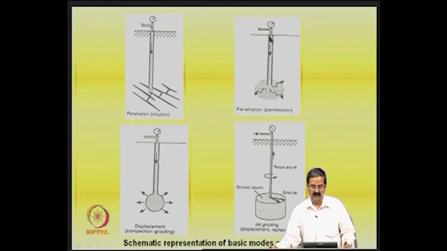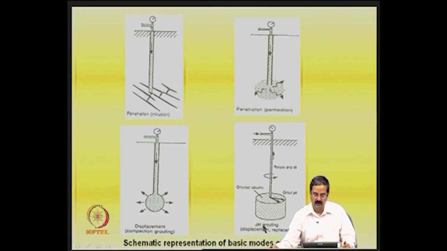Then the second one would be permeation, where it permeates in all directions, the flow, and then stabilizes. Another way would be displacement, as is typical in compaction grouting, which densifies the soil that is next to the bulb.